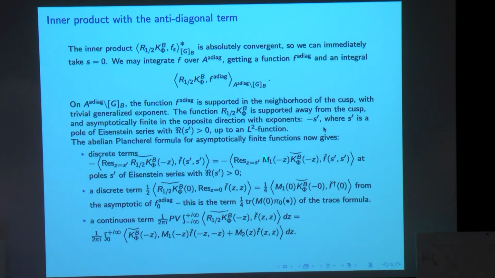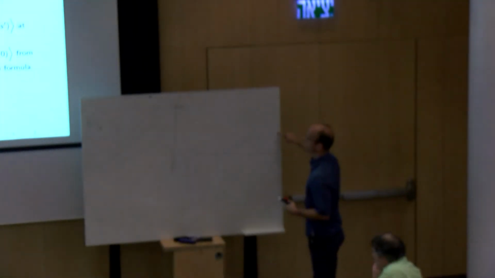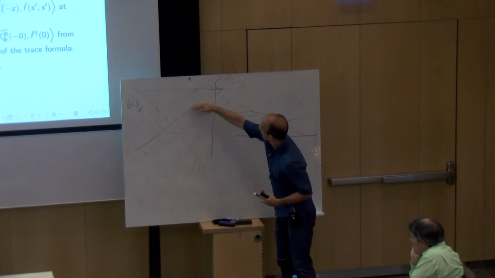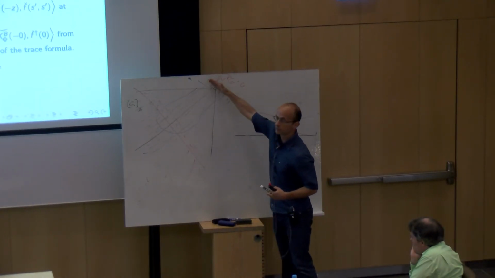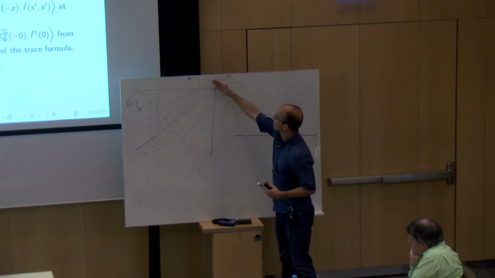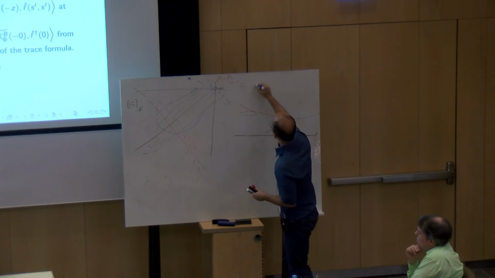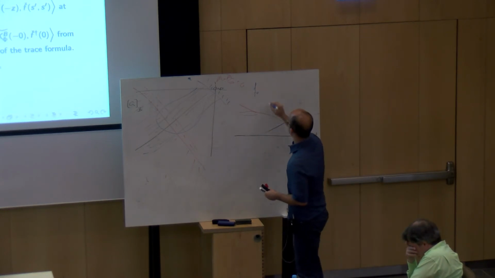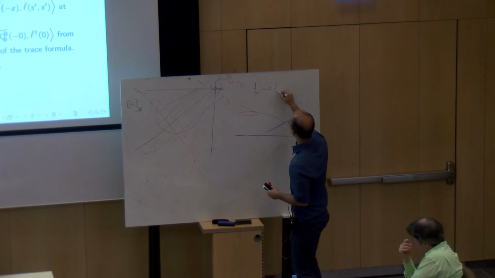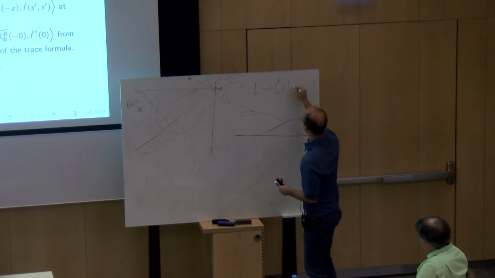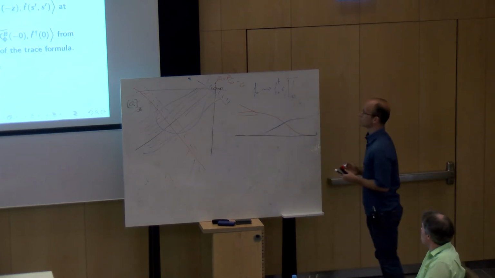What is this? Let me explain what this is. This will have to do with the exponent of our test function. So it will depend on the asymptotics of our test function, but the asymptotics of our test function live in a space. Our test function is this f sub 0. Its asymptotics is f sub 0 dagger, and this lives in the space pi naught that I wrote before.